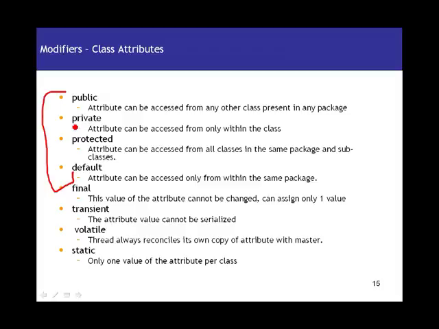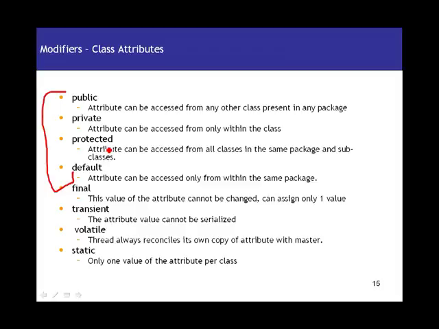Protected means all the classes within the same package can access my attributes, which is the same as default, but there is one more addition: all the subclasses as well can access my attributes. The subclasses need not necessarily be in the same package. They can be in some other package as well, but still can access my attributes, right? So that is what protected is all about, and default we've already discussed before, right?